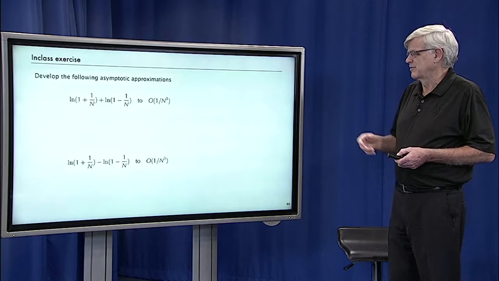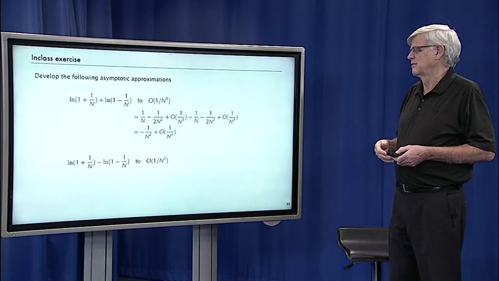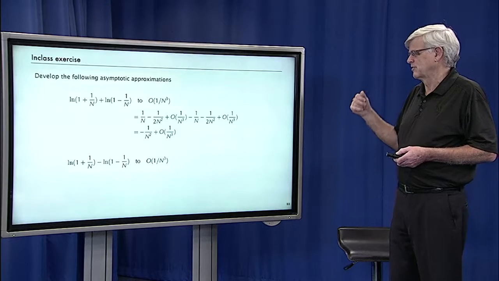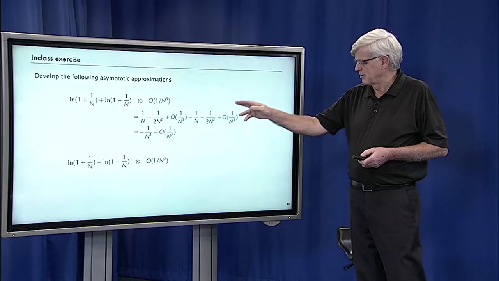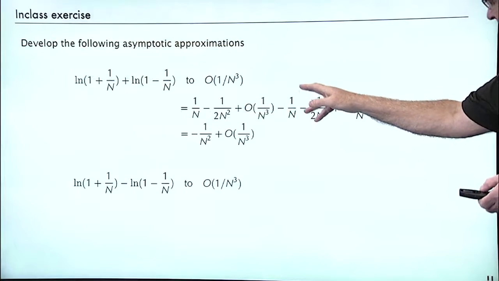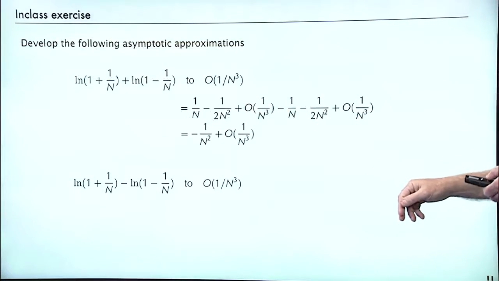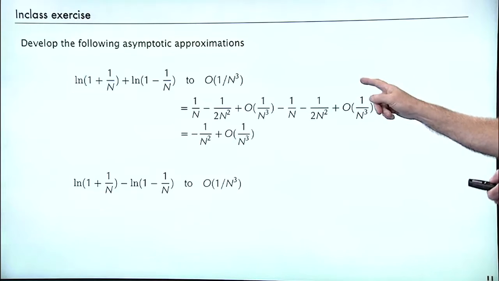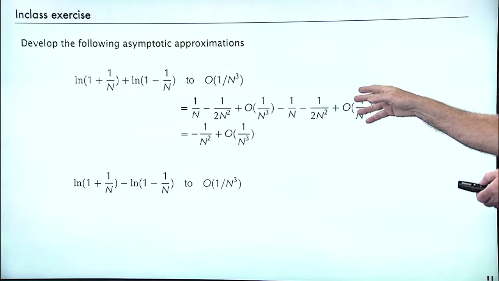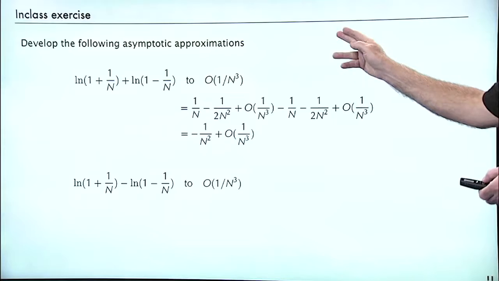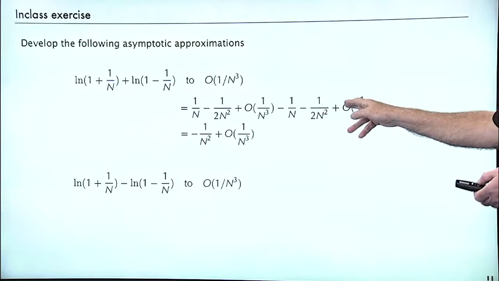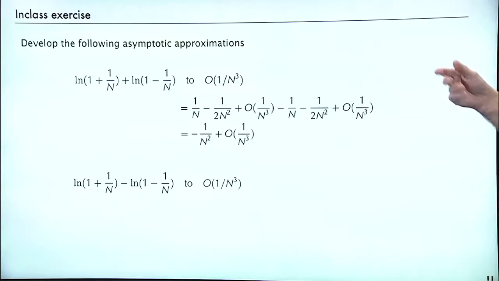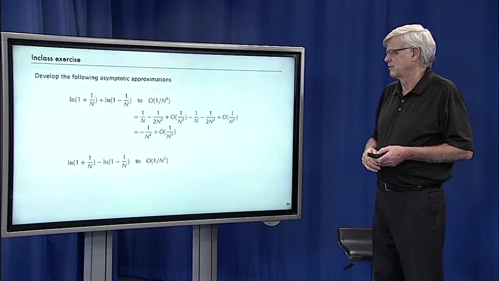And if you go ahead and just plug in from the formula from the previous slide, log of 1 plus 1 over n is 1 over n minus 1 over 2n squared plus big O of 1 over n cubed. And log of 1 minus 1 over n is minus 1 over n minus 1 over 2n squared plus big O of 1 over n cubed. And so the 1 over n terms cancel, and then you've got two 1 over 2n squared terms, which makes it just minus 1 over n squared plus big O of 1 over n cubed.